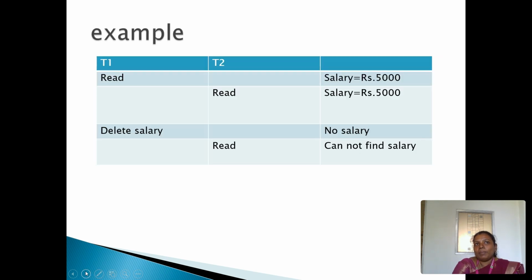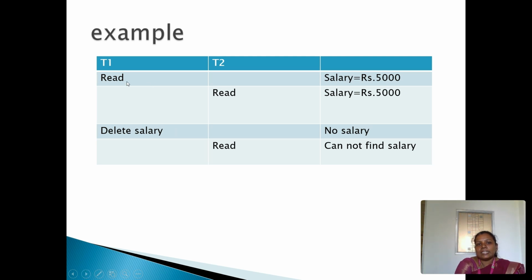Non-repeatable read means that once we read the data, if we read it again after some time, the value will have been updated or changed. The value will not be the same. In a phantom read, the value will not exist.